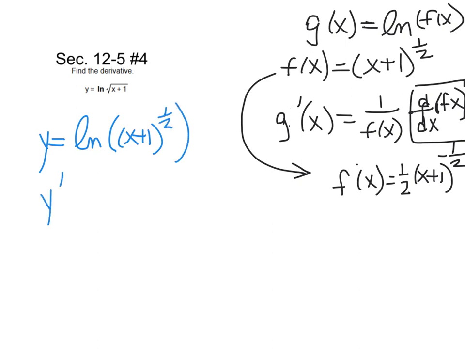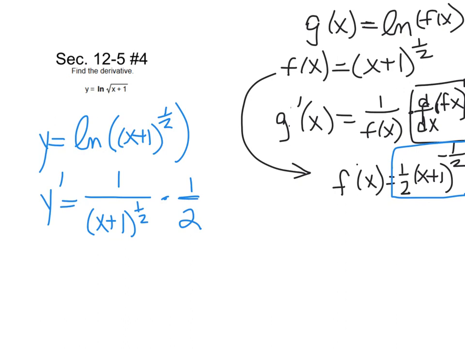And thus y prime will be 1 over x plus 1 to the 1/2 power times the derivative of x plus 1 to the 1/2 power, which is 1/2. And in this case, because my 1/2 power is negative, I'm going to go and put it in the denominator also.